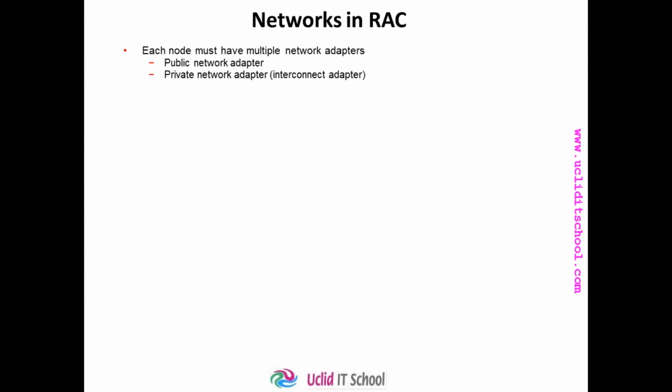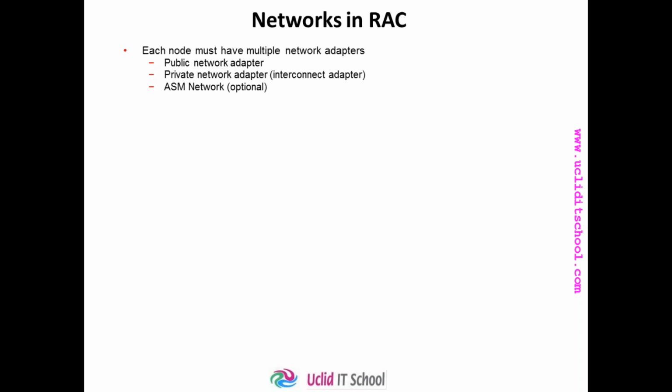Of course, in 12C, there is another network introduced, which, though optional, you can have as a third network when you are installing 12C RAC, which is called the ASM network. Up to 11G, when you implement ASM storage, ASM instances on every node also use the private network for their communication.